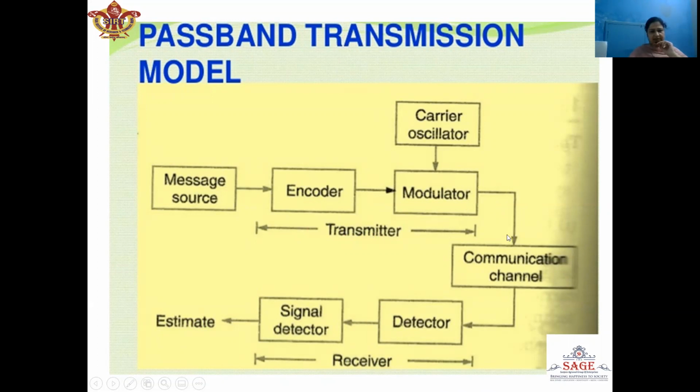Then the message is communicated over the channel, and at the receiver end, we have a detector which demodulates the carrier, and we will get the message signal in the form of ones and zeros. Then the signal is given to the signal detector, which will regenerate the analog message, which will be given to the destination.